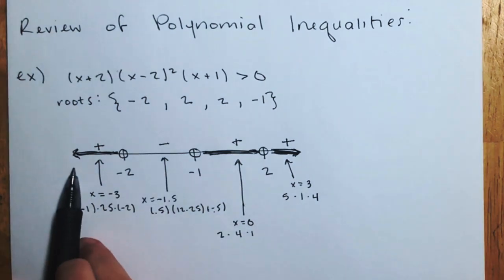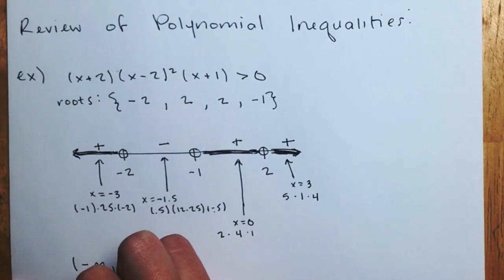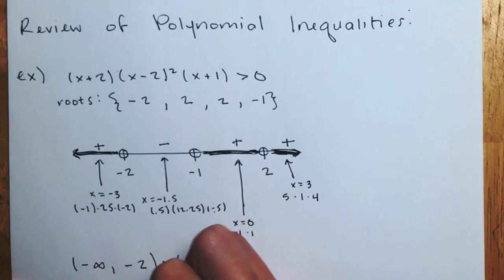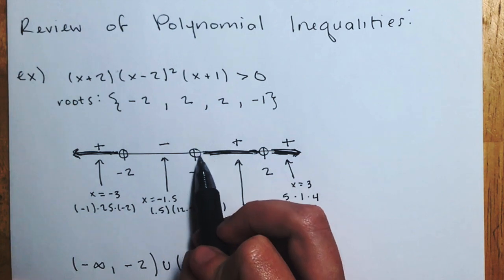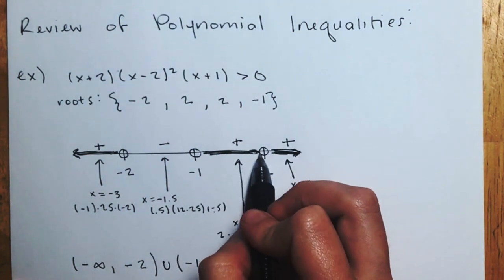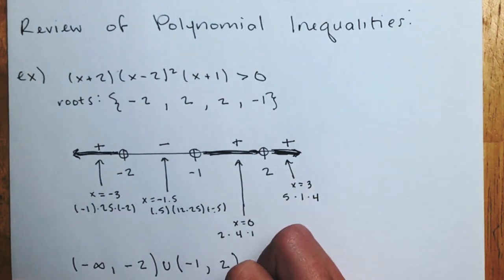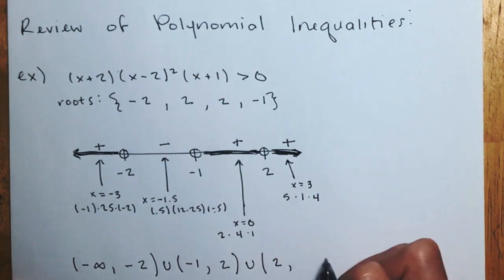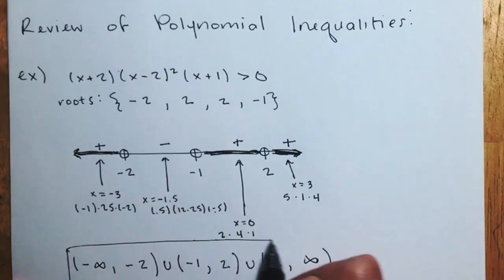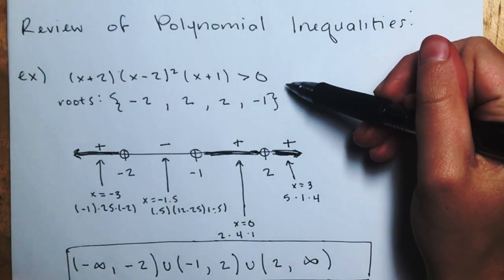So we're starting from negative infinity, going all the way up to -2, but not including it. Starting again after -1, but not including it. Going all the way up to 2, but not including it. Skipping 2, starting again, just above 2, and continuing to infinity. So this is where this statement is true.